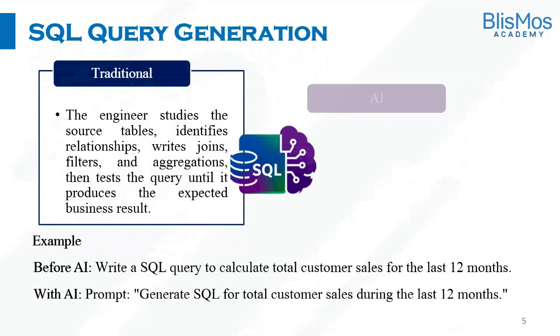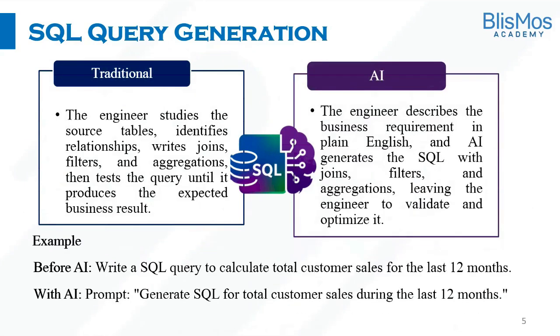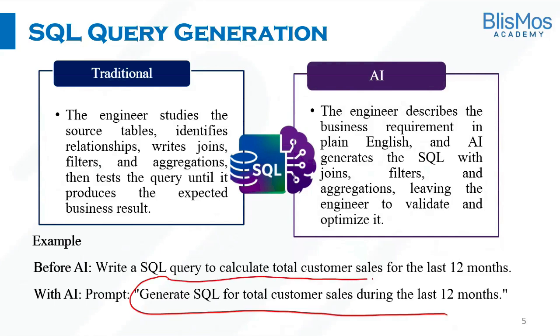With the help of AI, all the data engineer has to do is write in explicit natural language the requirement, and AI generates the SQL with joins, filters, and aggregations. For example, you can write a prompt like: generate the SQL for total customer sales during the last 12 months. It will create the SQL logic for you. You can use it as a part of your code.